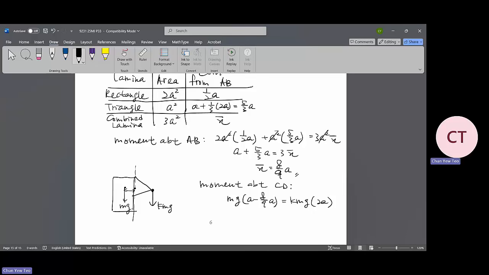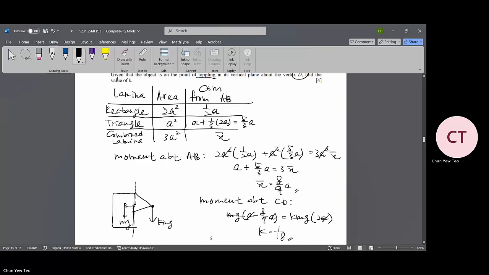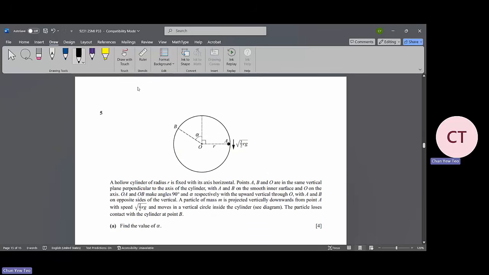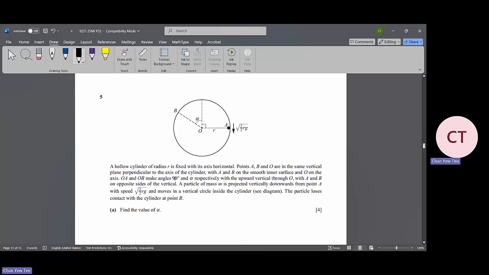So over here, you can cancel the mg. You can cancel the A. So you have K equal to 1 over 8. Okay, so this will be the answer for question number 4. Done. Now moving on, we have question number 5.